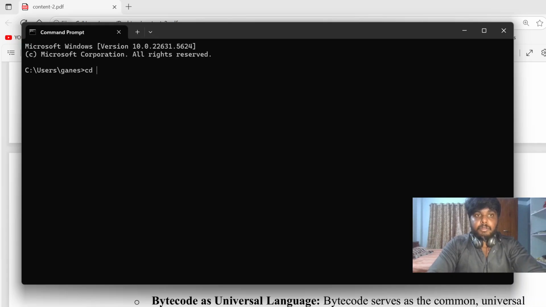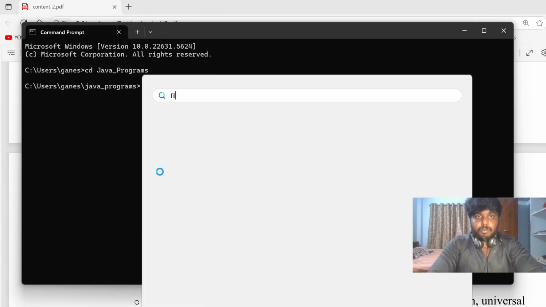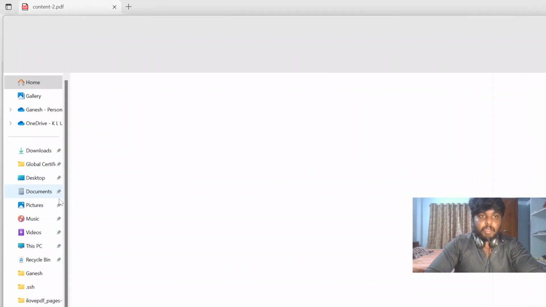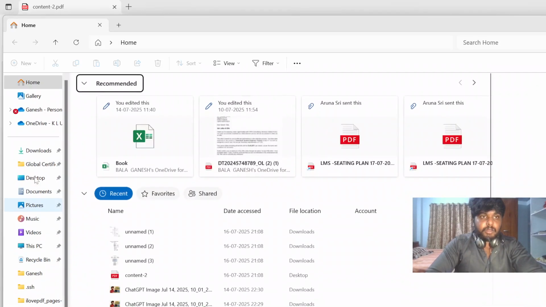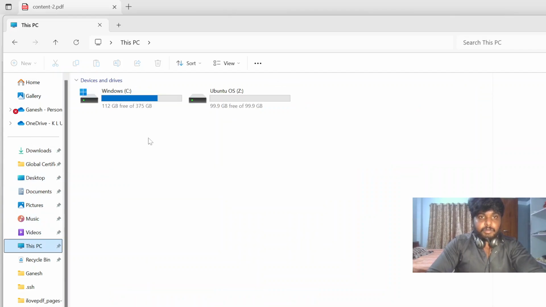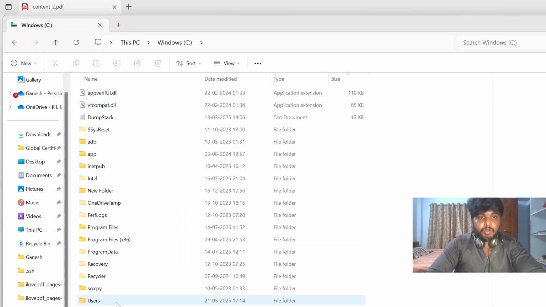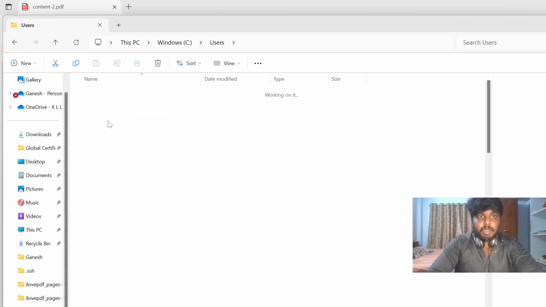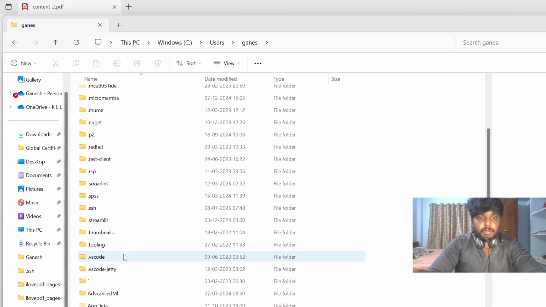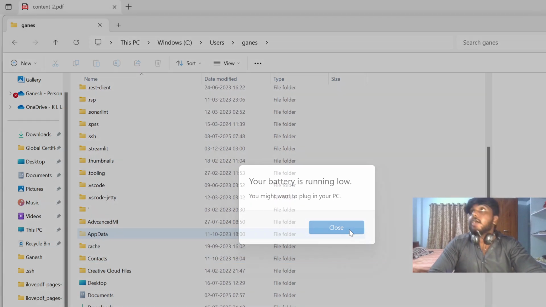I have a Java programs folder here. When I open File Explorer and go to C drive, Users, Ganesh, I have created a Java programs folder.